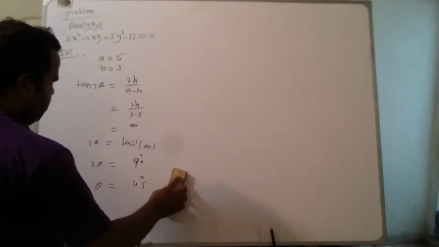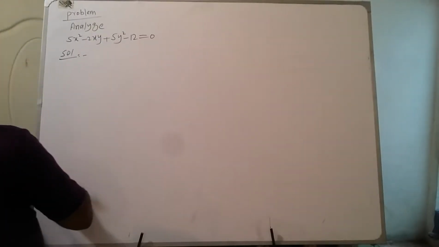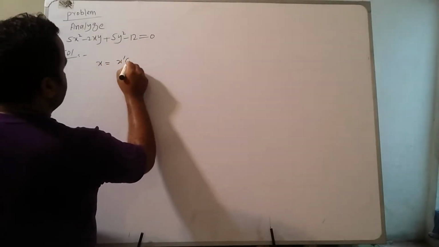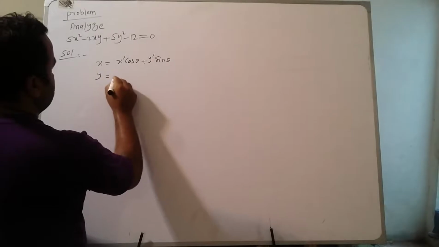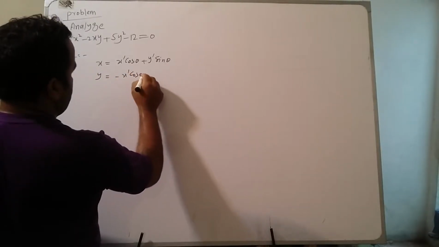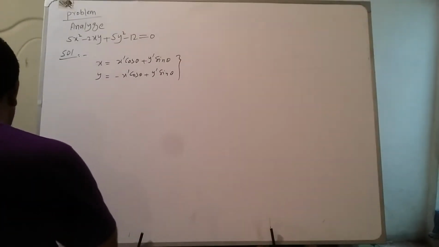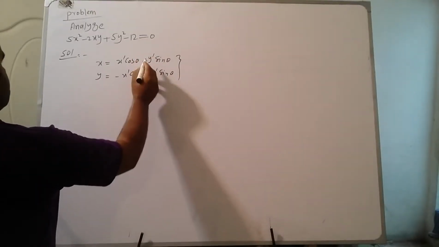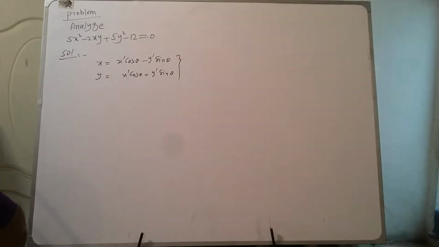Now we write the equation of rotation. x is equal to x dash cos theta minus y dash sin theta, and y is equal to x dash sin theta plus y dash cos theta.